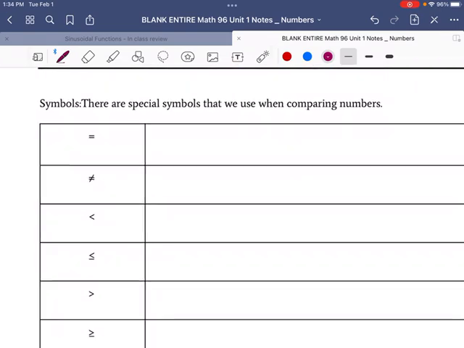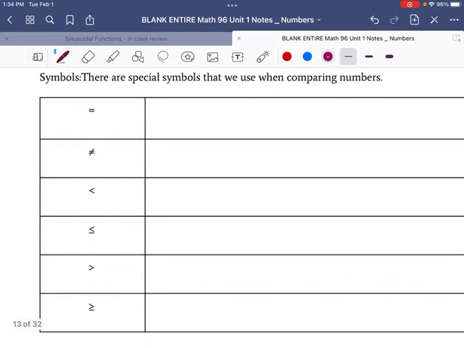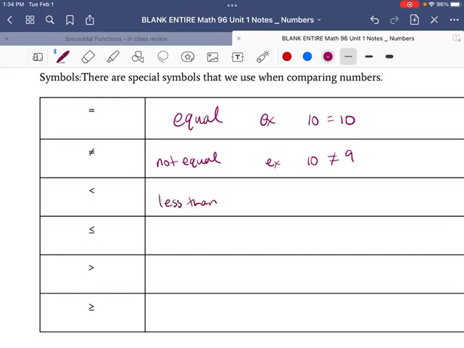To compare numbers, we have some symbols. This means equal. An example is 10 is equal to 10. This means not equal. For example, 10 is not equal to 9. This means less than. For example, 5 is less than 10.